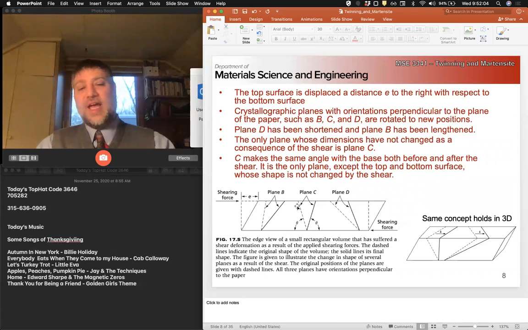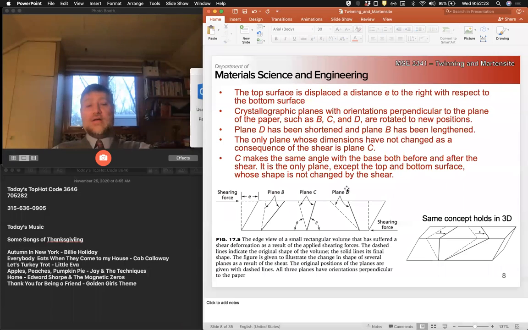But look at plane C, right? It's the same length. It also maintains a stable orientation with respect to this bottom plane and this top plane. Okay? So plane C is the only plane whose shape was not changed, right?